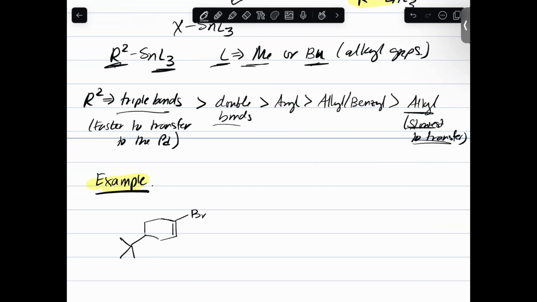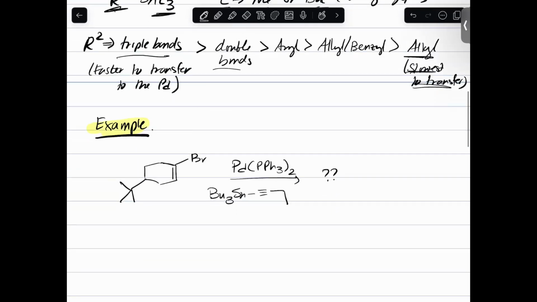And I won't stay too long on the Stille reaction because it looks very similar to the Suzuki reaction. But I do want to give you an example and then talk just briefly about the Suzuki.